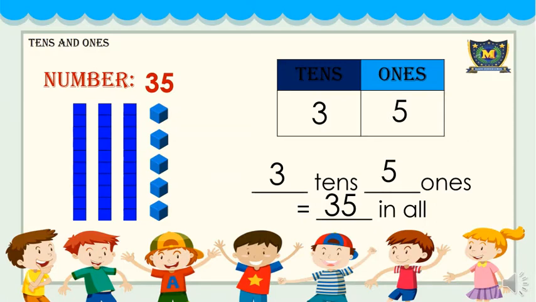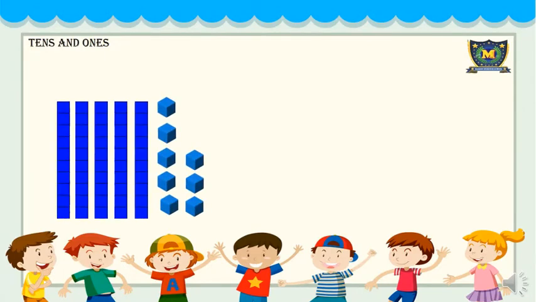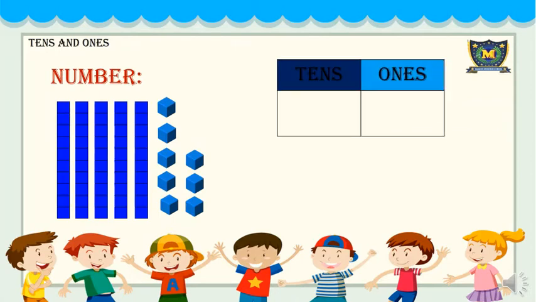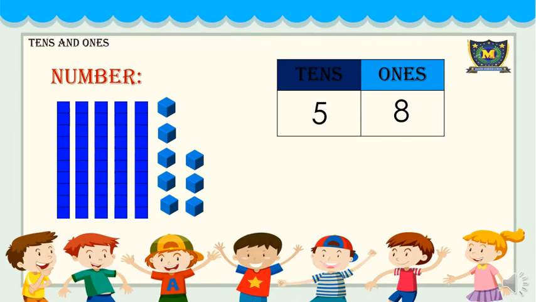Okay, now let's make another example. Set. Now, what is the number formed out of these blocks we arranged? To start, let's count how many ones and tens we have here. Let's start on the ones. We have here 8 ones. And for tens, we have here 5 tens.